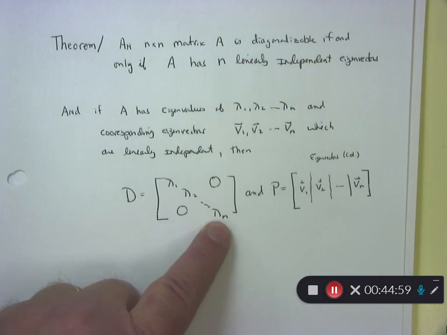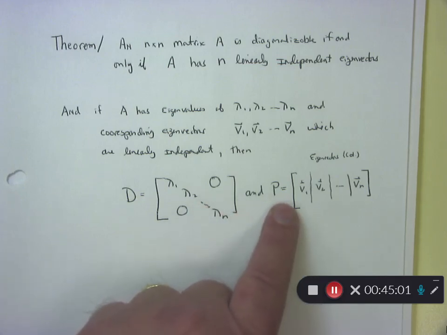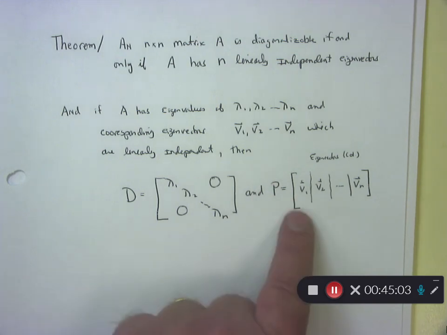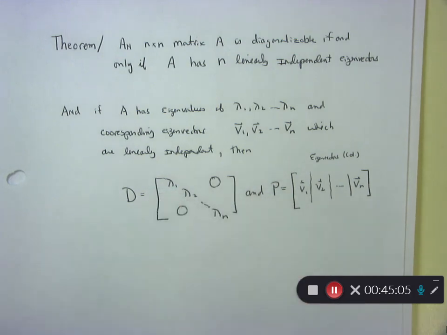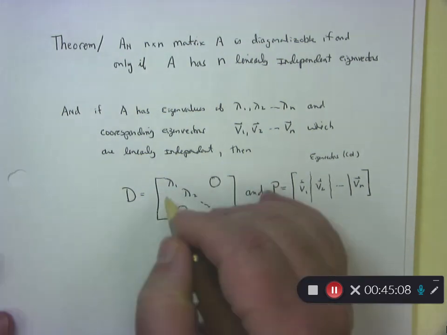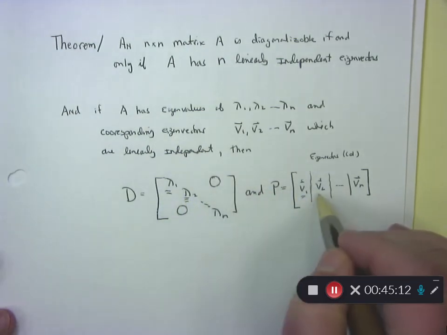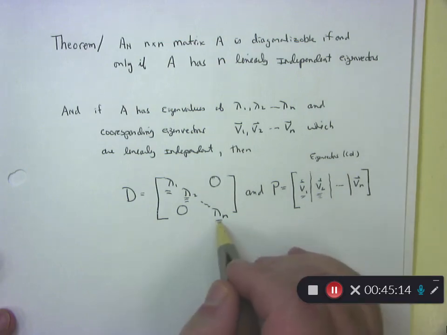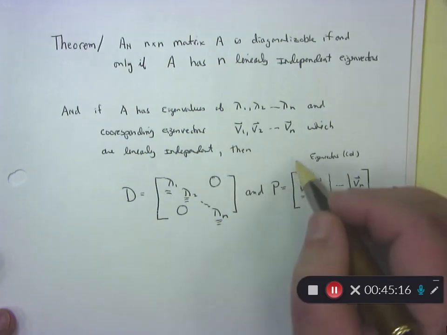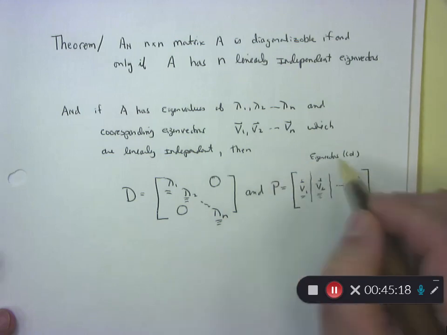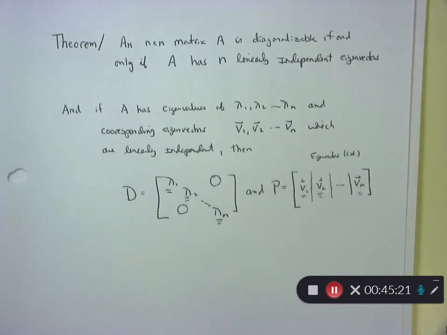And better than that, look at what P turns into. You take the eigenvectors and they match up here. This is key. So lambda 1 has eigenvector v1, lambda 2 has eigenvector v2, lambda n has eigenvector vn. You put them in a column matrix, and that's how you create the P matrix. So finding this diagonal matrix and finding the P matrix is simple.